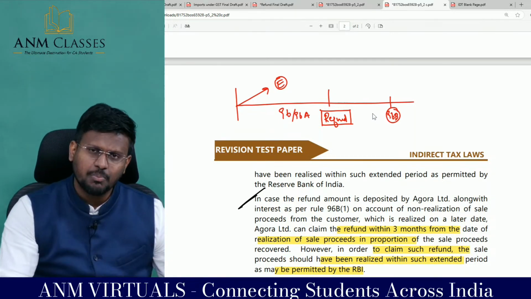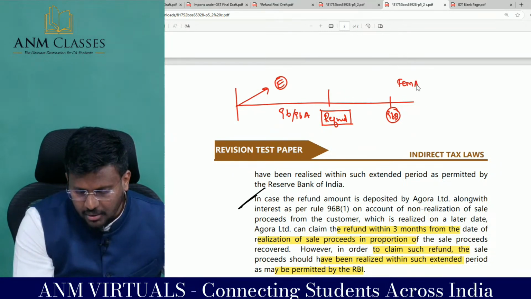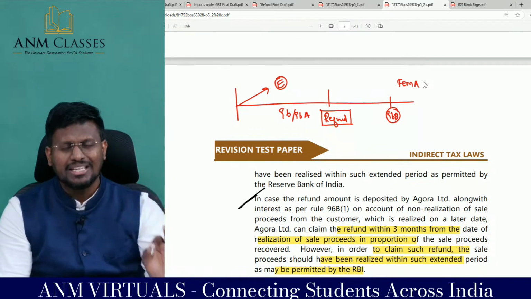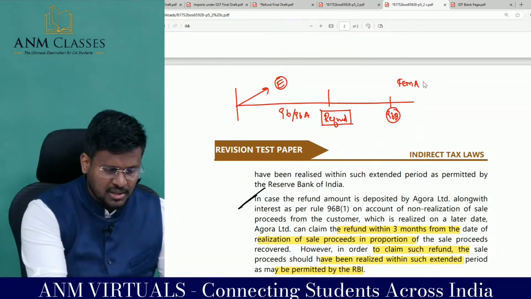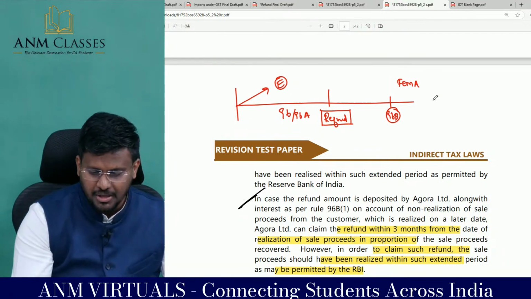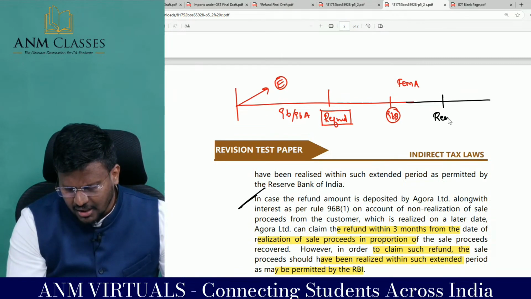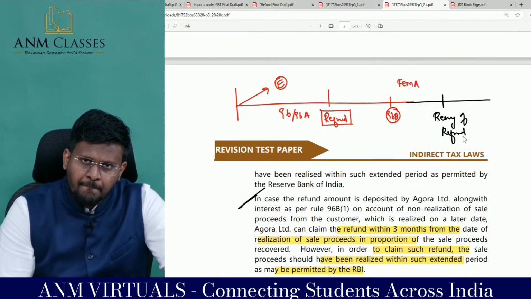Rule 96B is saying that, sir, as per FEMA, you are supposed to repatriate money to India. If you don't repatriate the money to India within the time limit specified by FEMA, then my dear lovable students, you have to face the consequences. Be careful for the consequences. The consequence is nothing but recovery of the refund. Whatever refund we gave will be taken back.